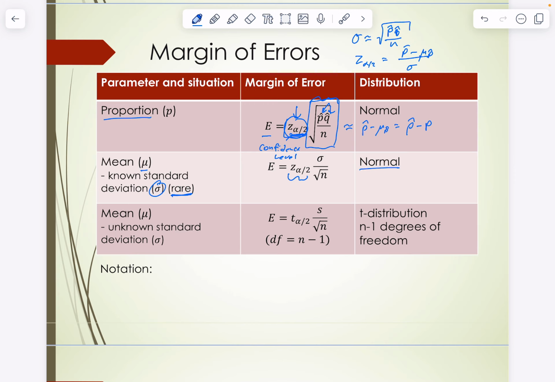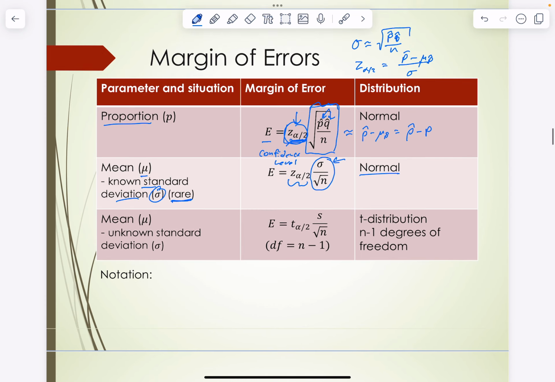It's going to be your z-score times, and then there it is, the standard deviation again. Remember that we are dealing with a sample mean, and the standard deviation of a sample mean is the standard deviation of the population, which is sigma, which in this case happens to be known, divided by the square root of the sample size, which is n.